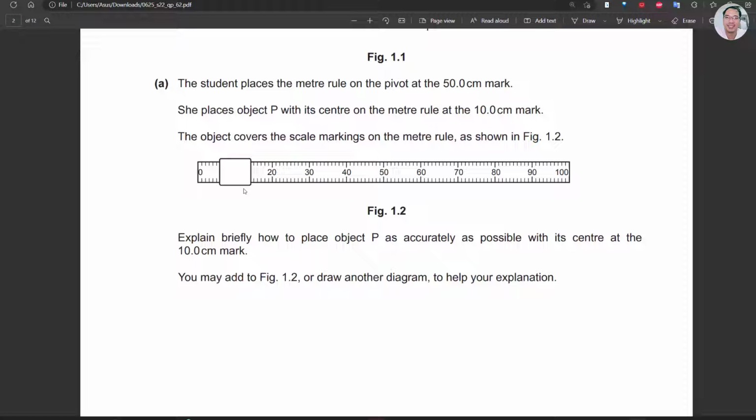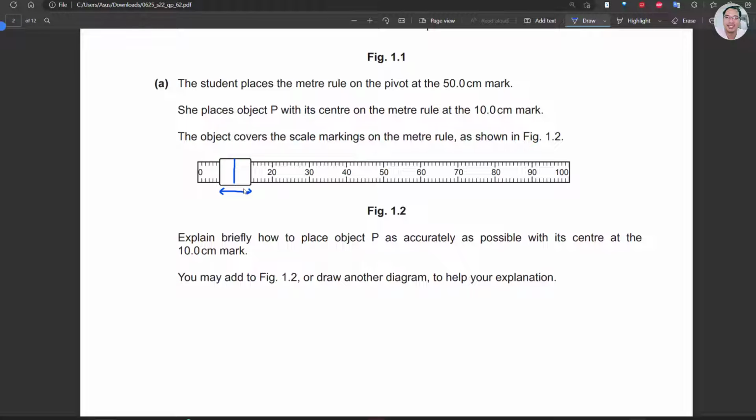So we need to determine the middle, the center of this object. If it is a small object, we can use a caliper to measure the length of it, and then divide and use a marking pen to determine the middle position of this object on both sides, and then draw a line connecting them to determine the middle point, the center of mass of this object.